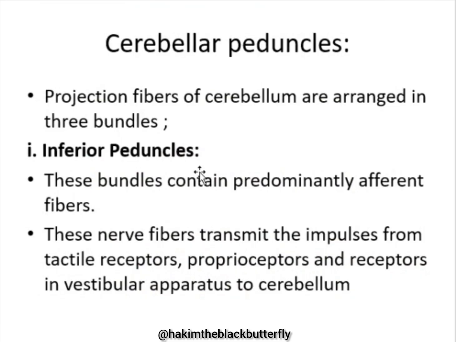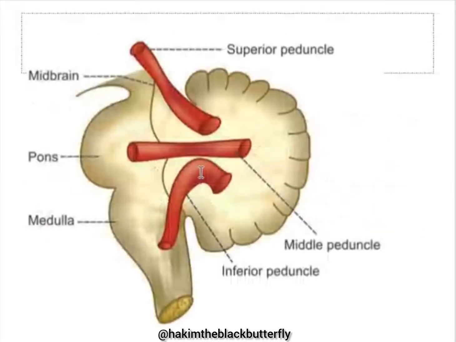I said that the cerebellum is connected to the brainstem through bundles of neuron axons. The superior cerebellar peduncle connects to the midbrain, and from there to the thalamus and the cerebral cortex. The middle cerebellar peduncle connects to the pons.